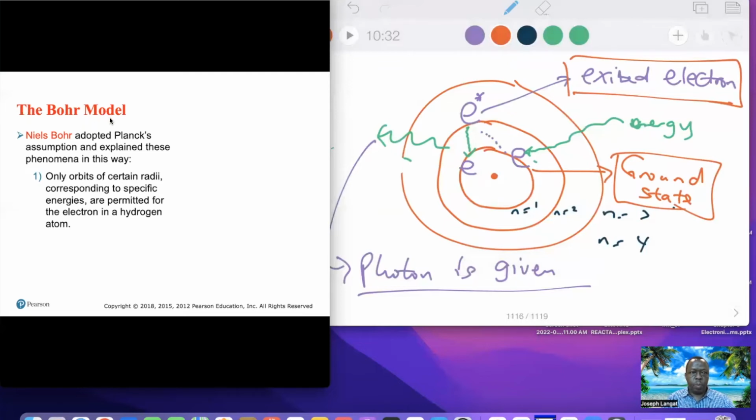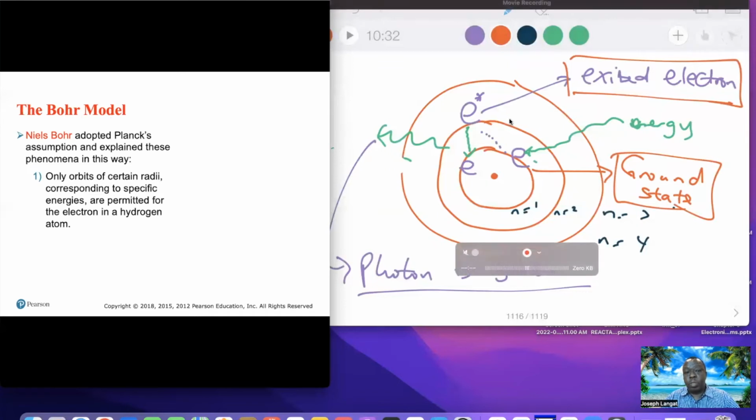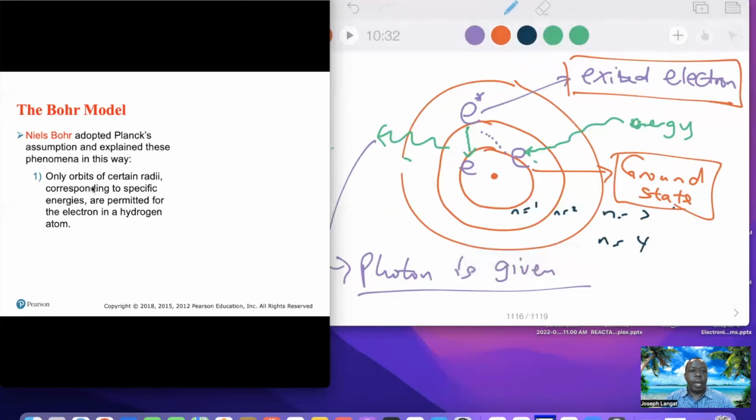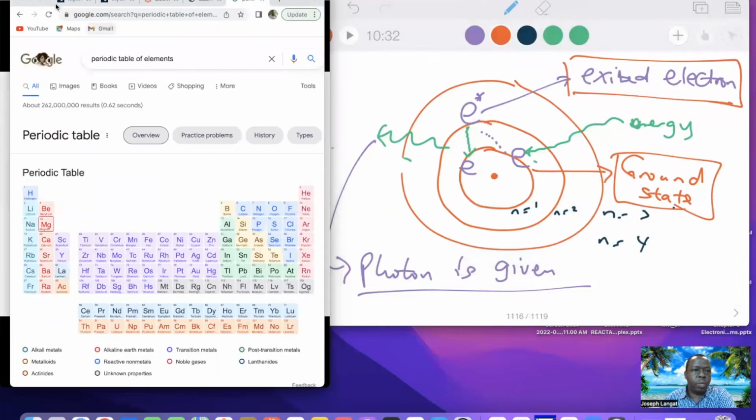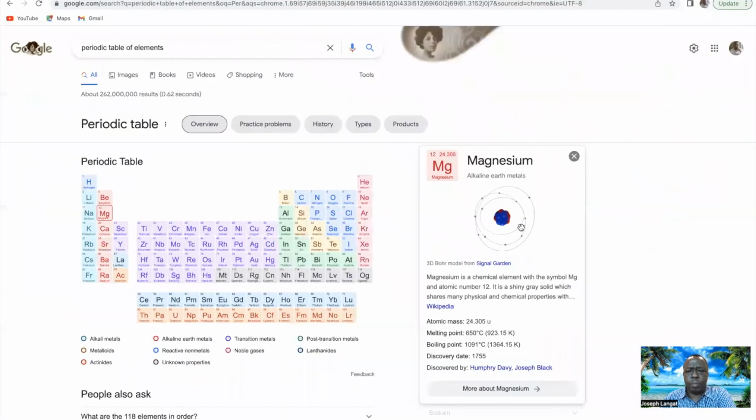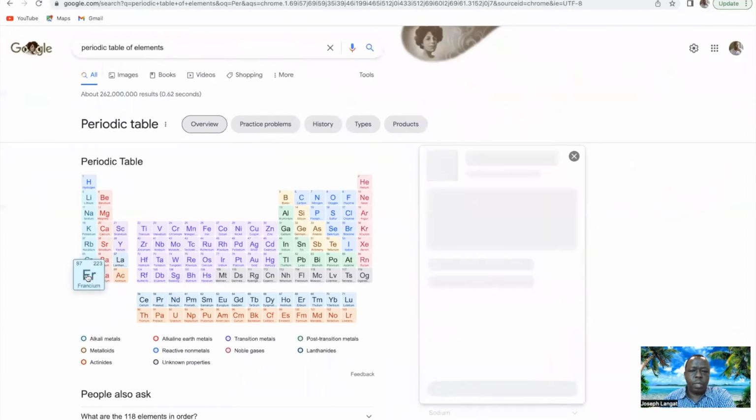When we say model, it's a model of an atom, and what you see here is that electrons move around the nucleus following specific radius. A radius you see here, we saw it earlier on.